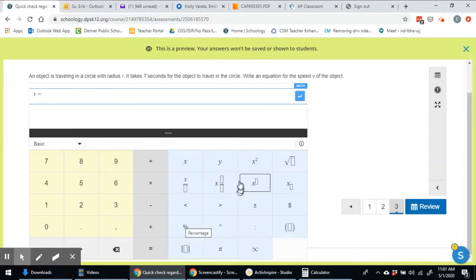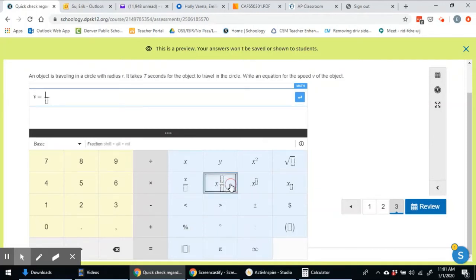And this is the one if you want to type in a fraction, right? See the fraction indicator right here? And notice it's setting up a fraction for you. So you can do 2 pi r, and the denominator, capital T, and that would be your answer. And that's what you would submit here to have it done.